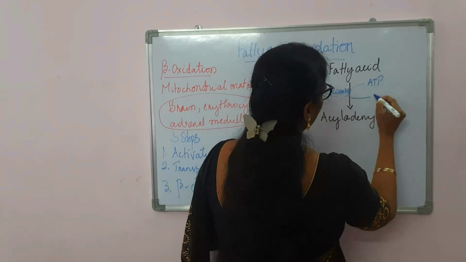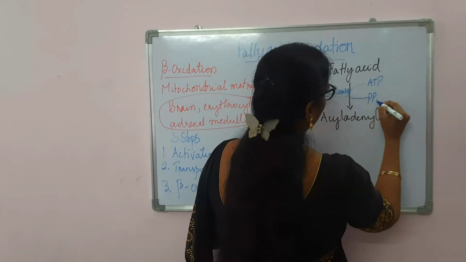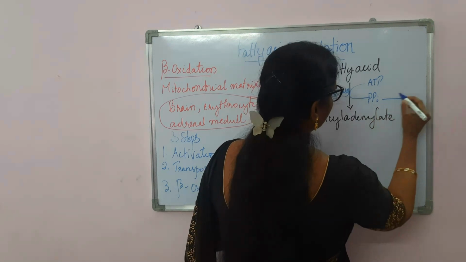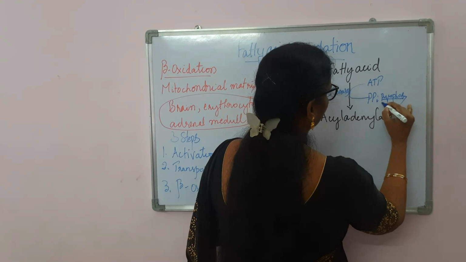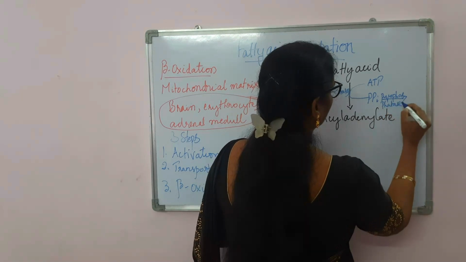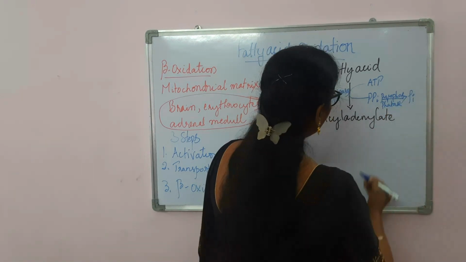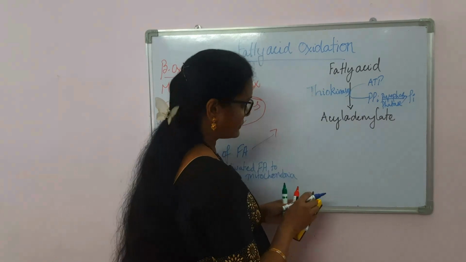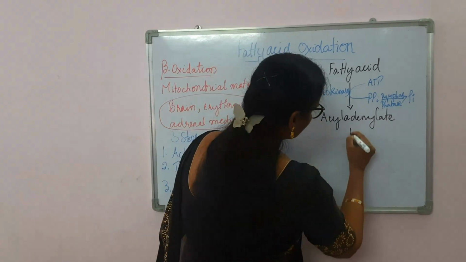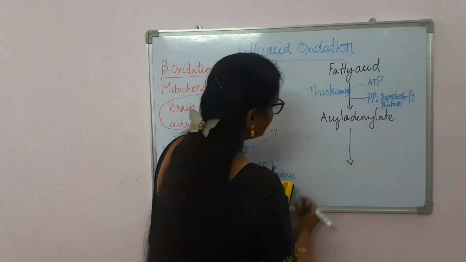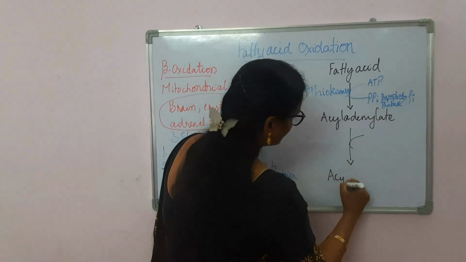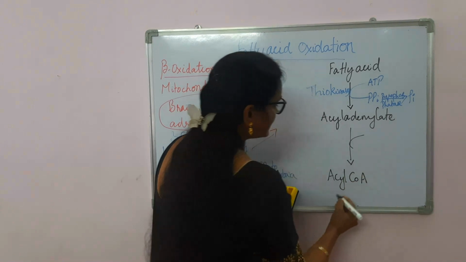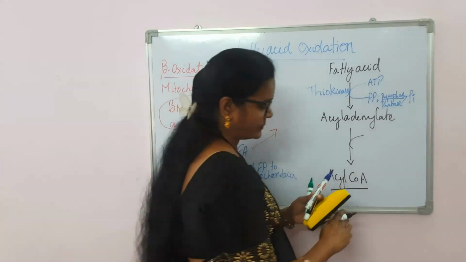By utilizing ATP, pyrophosphate is formed first, and then with the help of pyrophosphatase this will give inorganic phosphate. And the next step is also carried out with the help of thiokinase. Acyl adenylate is converted to acyl CoA. So this is activated fatty acid.